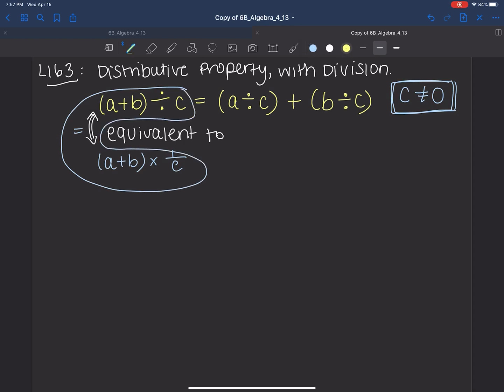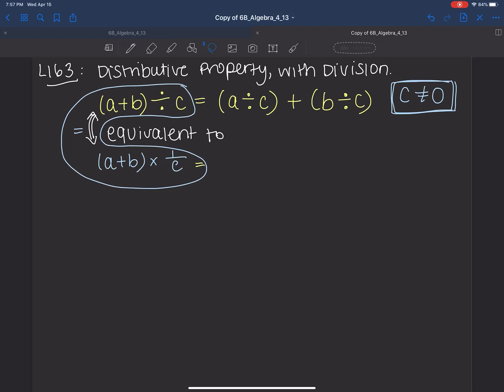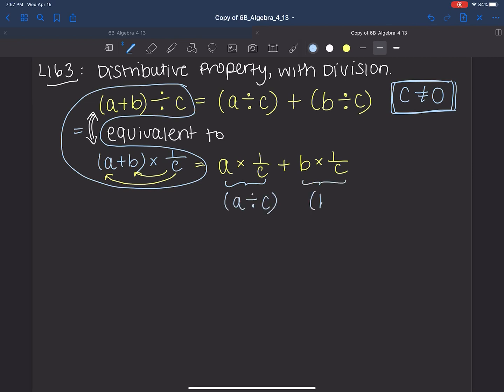Okay, and this blue expression I can now simplify. Actually, I'm going to move this a little bit. Great. This blue expression I can simplify using the distributive property of multiplication. So I get a times 1 over c plus b times 1 over c, right? This is what happens when I distribute that 1 over c. But actually, this is a fancy way of writing a divided by c, right? And this is also a fancy way of writing b divided by c.